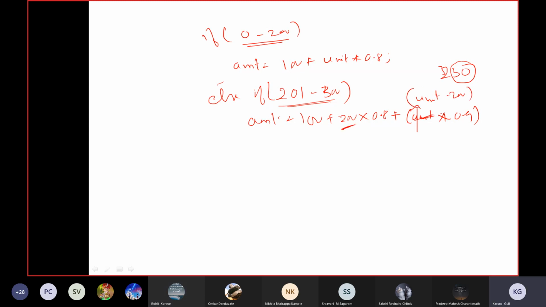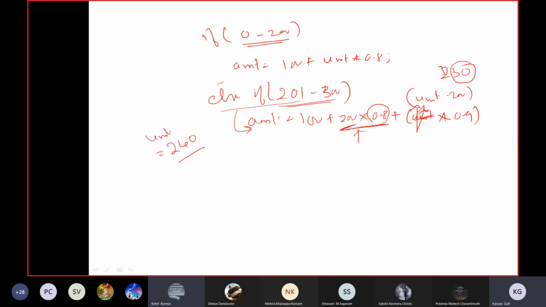Is it okay? Okay, so now look. For 200 units, I have to pay only 80 paisa. So when I am going to enter into this, first you tell me, it should be greater than 200.